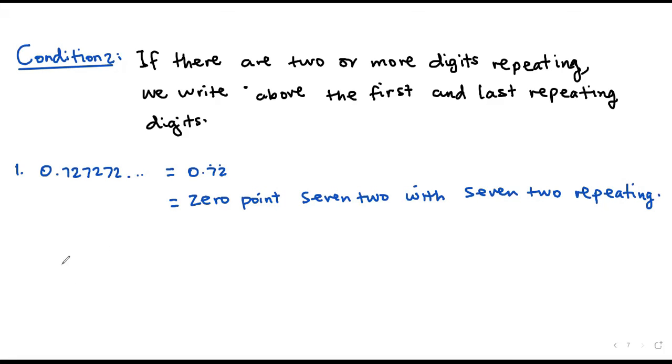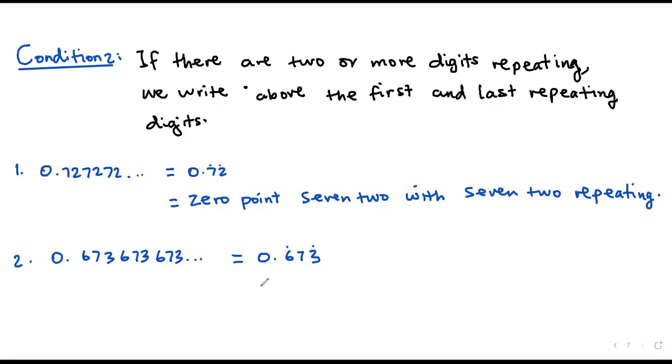If we have, let's say, 0.673673 repeating, we say that we have 0.673, a dot on 6 and a dot on 3. Is that okay? You understand that?